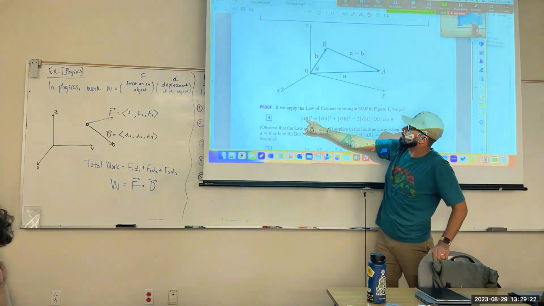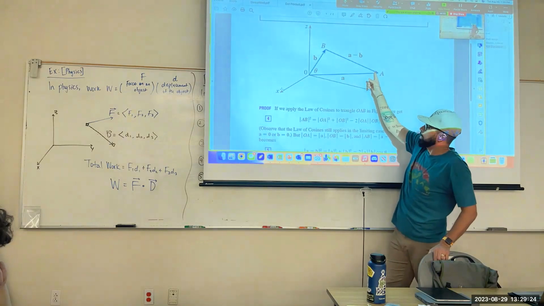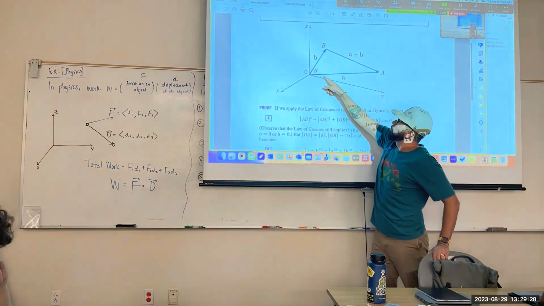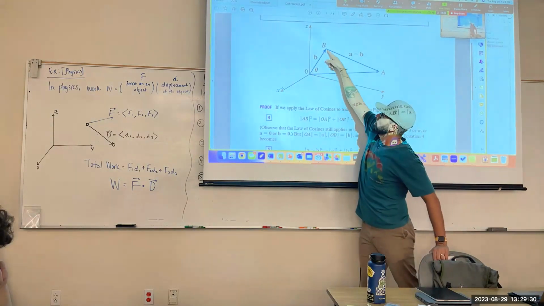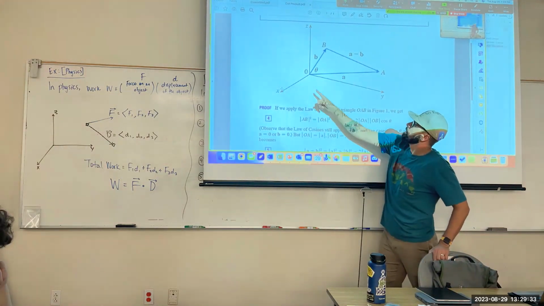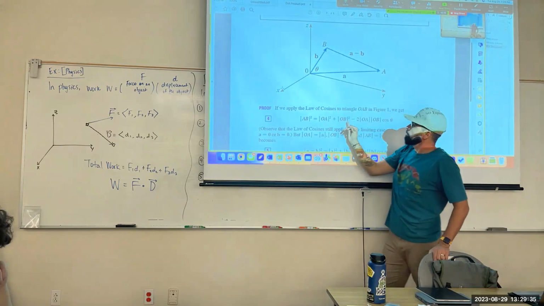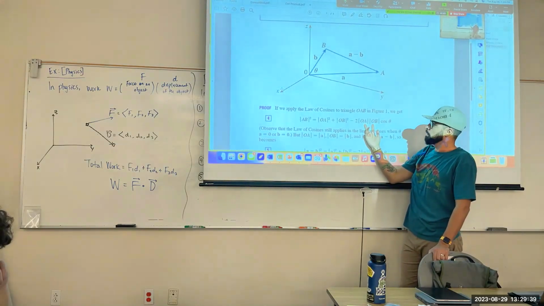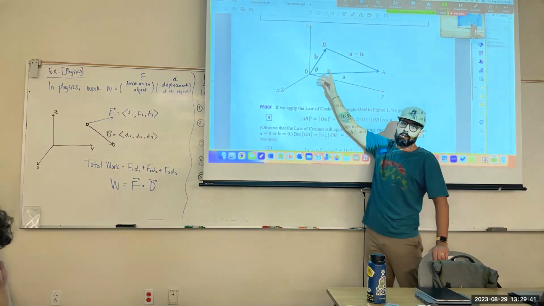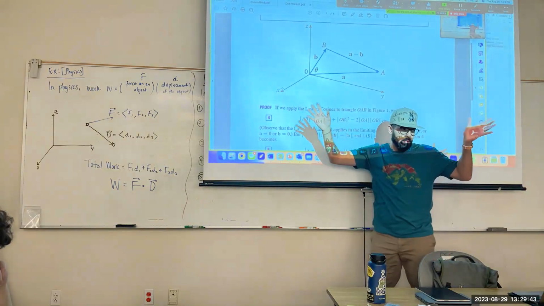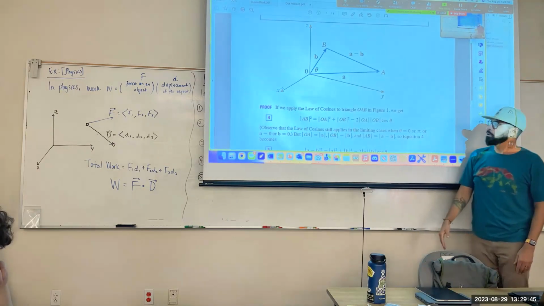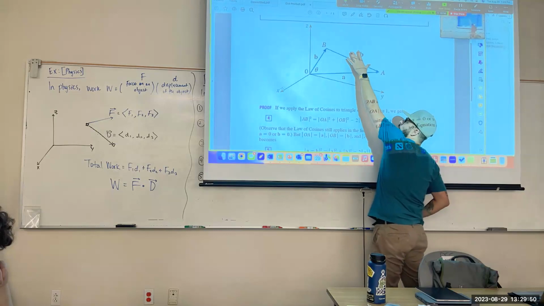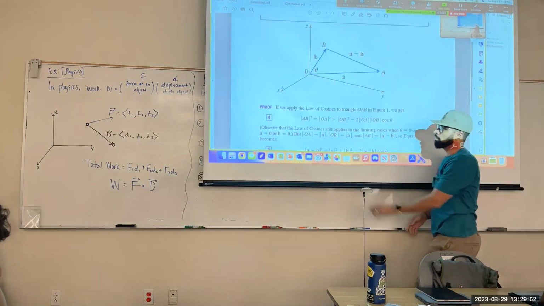So that's the magnitude of this vector squared equals the sum of the squares of both of the 2 sides of the triangle, that's OA and OB right here, minus 2 times the product of those 2 sides, and then cosine of that angle. Does that kind of slowly ring a bell? If not, it's okay. But there was this law of cosines that you guys learned in trig that related the side opposite of an angle in this magnitude.